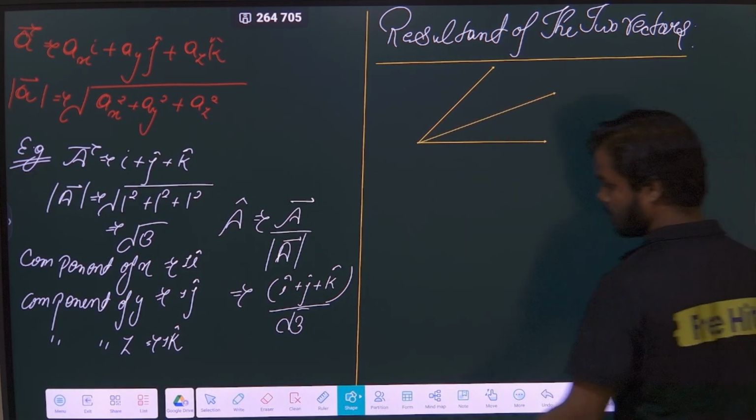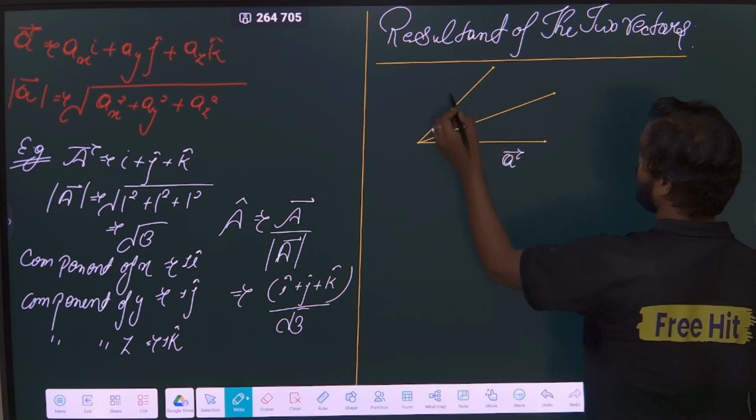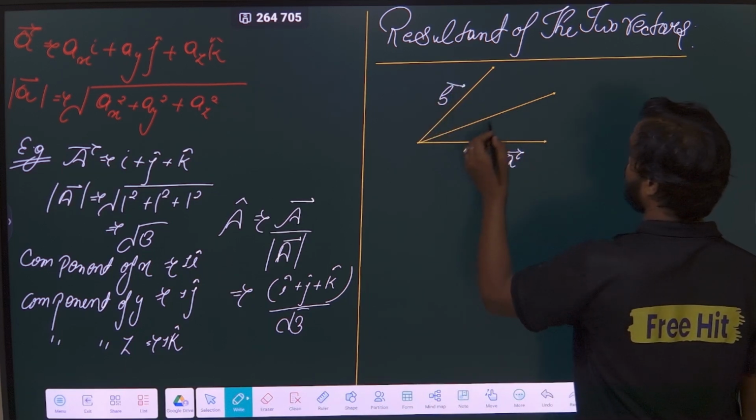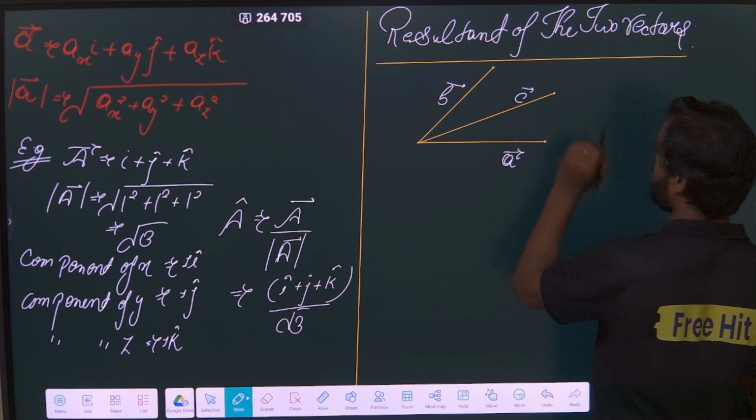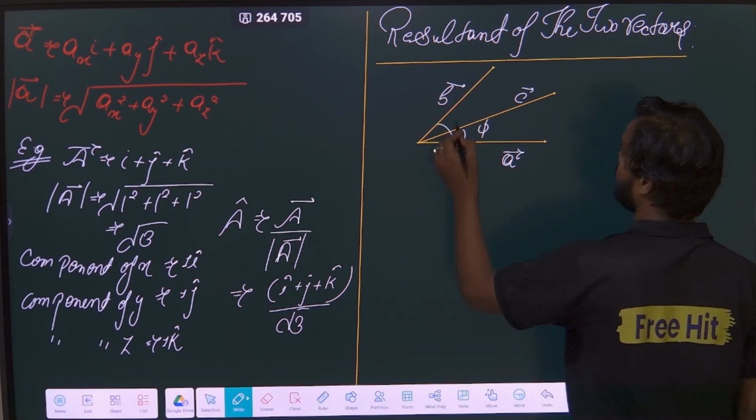Suppose this vector is A, this vector is B and this vector is C. This is my resultant vector, this angle is phi and the angle between A and B is theta.